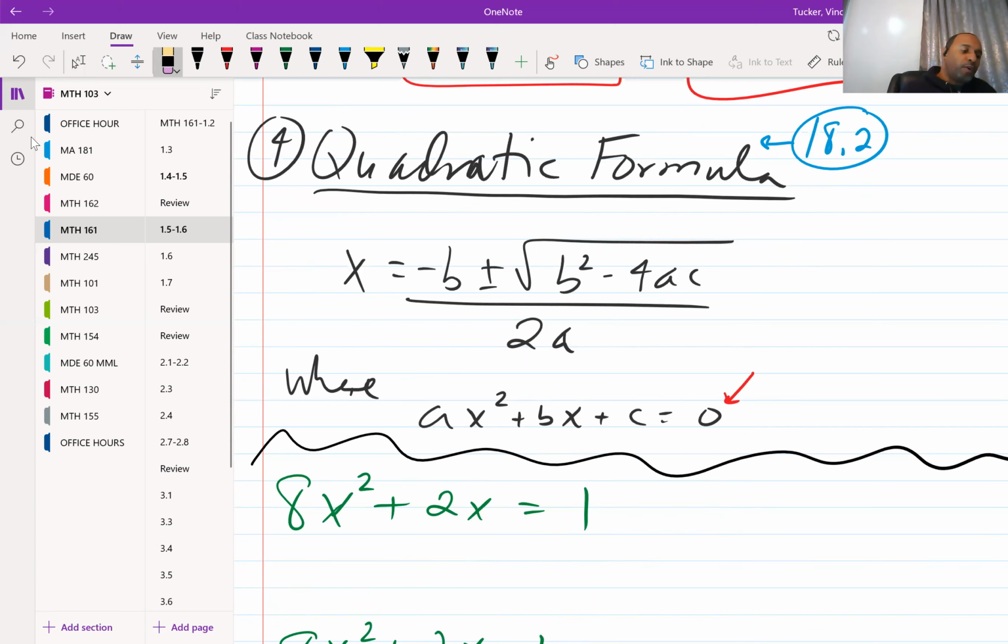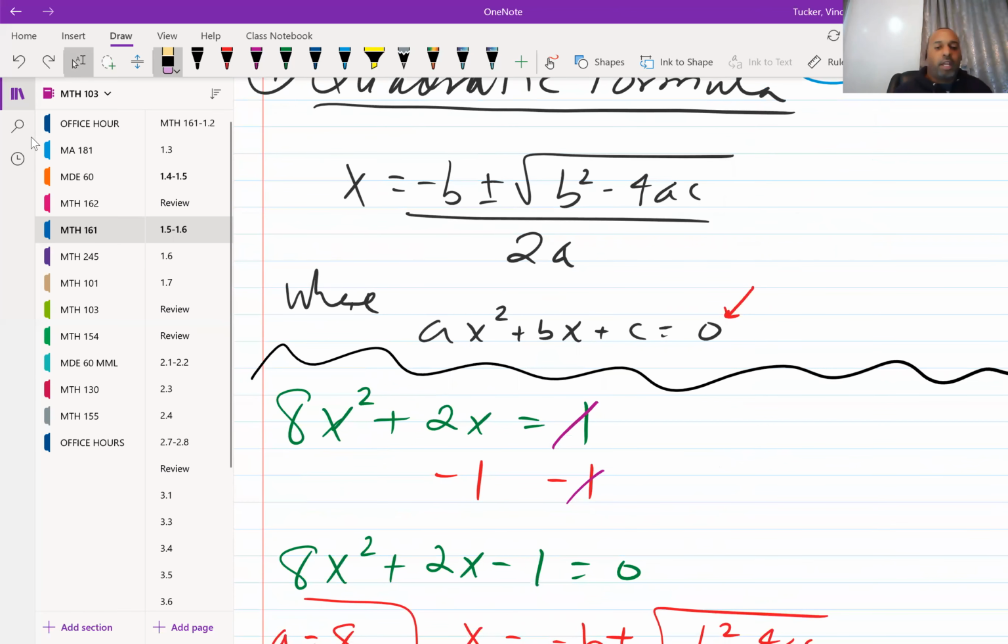All right. So for the first one, we have 8x squared plus 2x equal to 1. First thing we need to do is set one side equal to 0. So we're gonna subtract 1 from both sides. That'll give us 8x squared plus 2x minus 1 equal to 0.